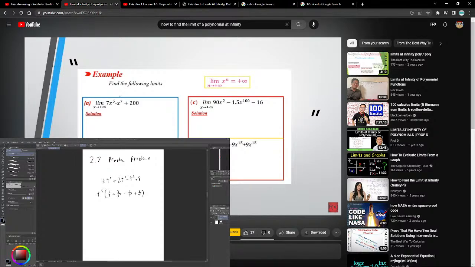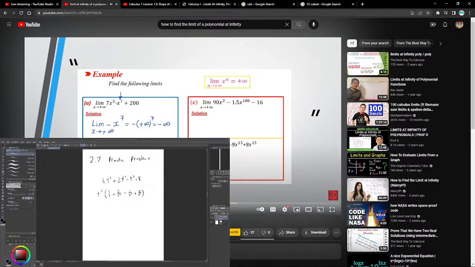So you have to take the highest power term, which is negative x to the power 7. So this limit equals the limit of negative x to the 7 when x goes to positive infinity, and this equals negative positive infinity to the power 7, and positive infinity to the power 7 equals infinity, and we have a negative sign outside, so it will be negative infinity.